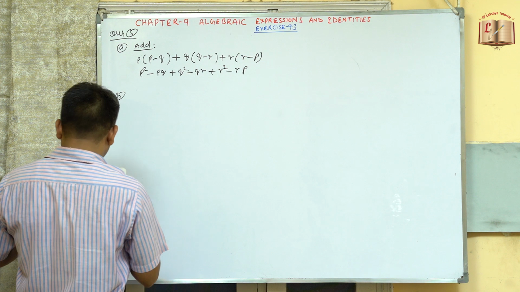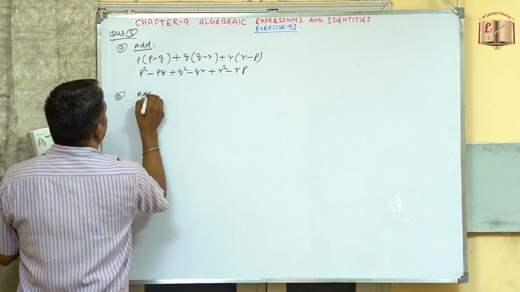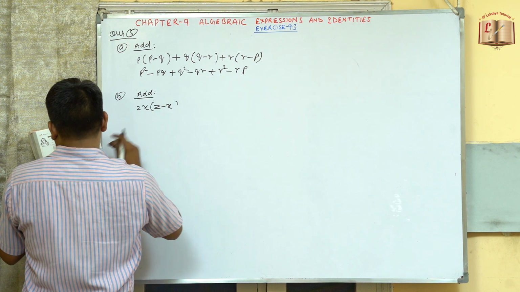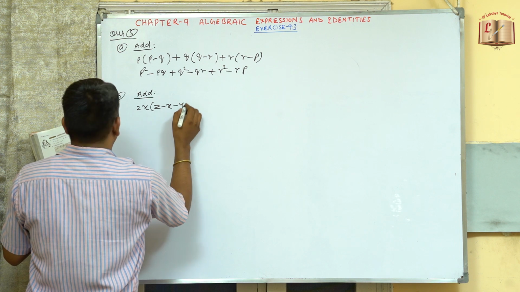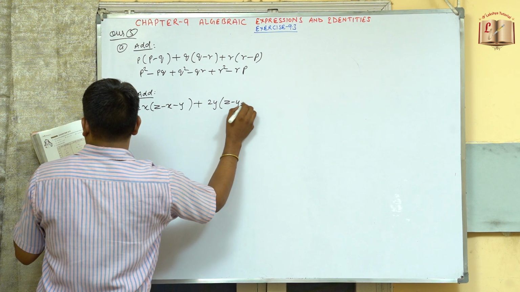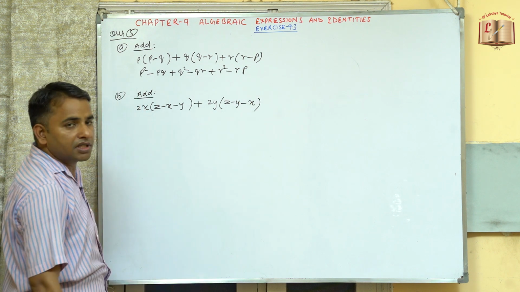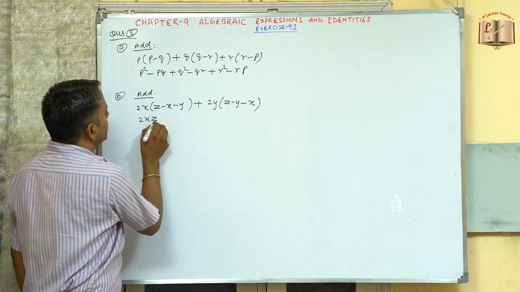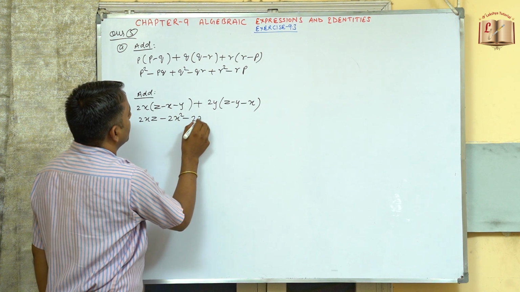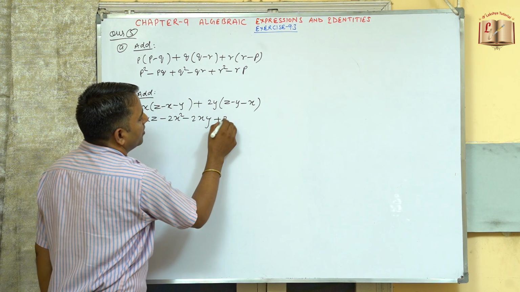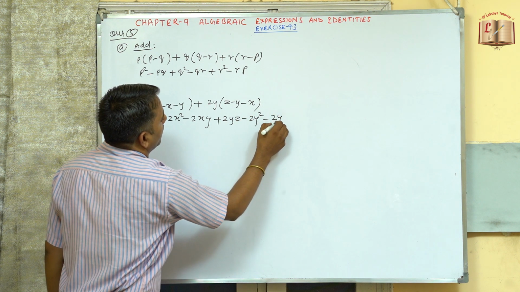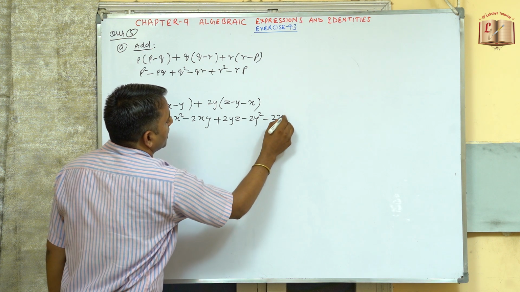Now coming to the second part, this is again add. So this is 2x(z minus x minus y) plus 2y(z minus y minus x). First of all we will open the brackets, so it will be 2xz minus 2x square minus 2xy plus 2yz minus 2y square minus 2yx, or simply we can write xy.